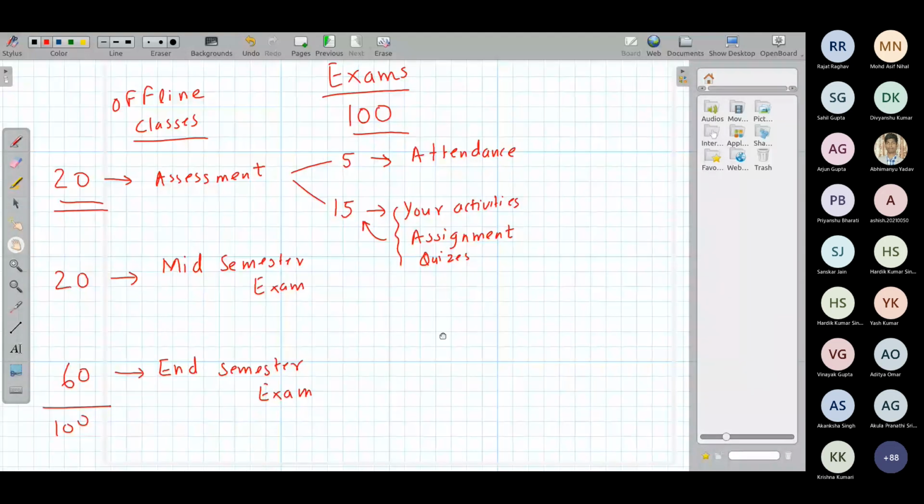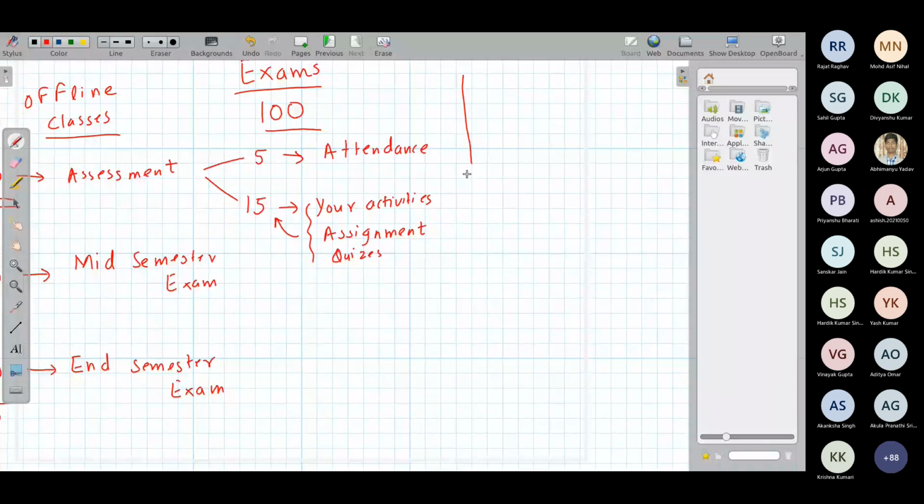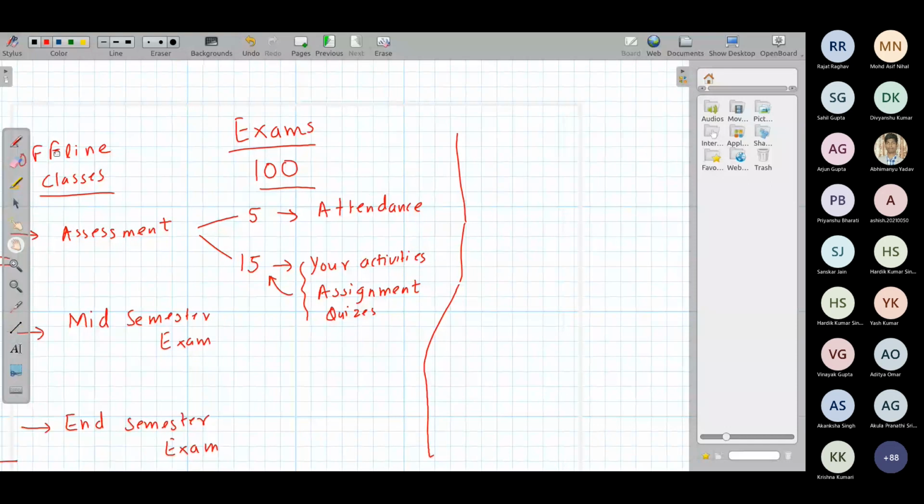this course runs. What about online mode? Do we have exams? So there is no fixed criteria as of now because this online system is completely new. So you know this COVID problem occurred somewhere around March 2020, right?